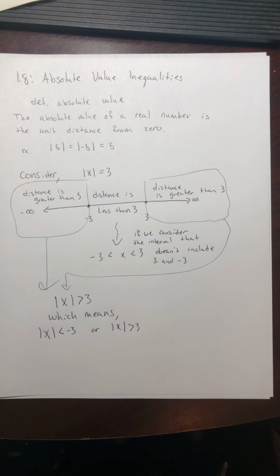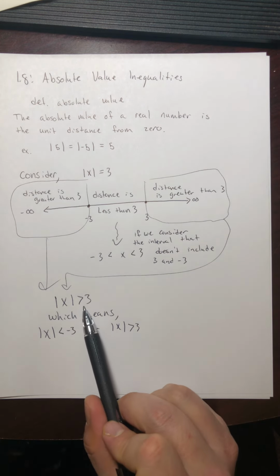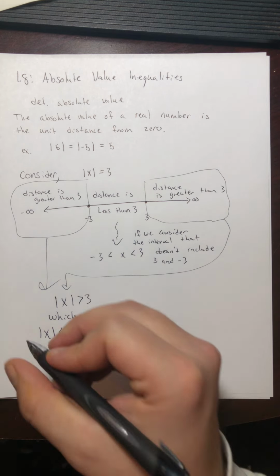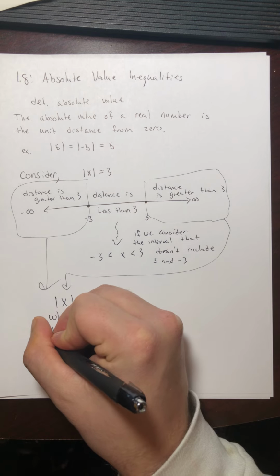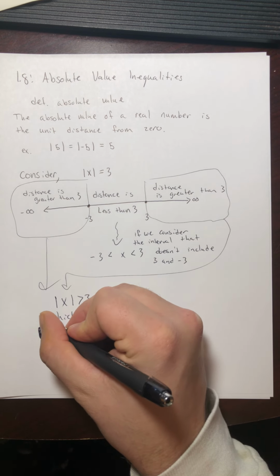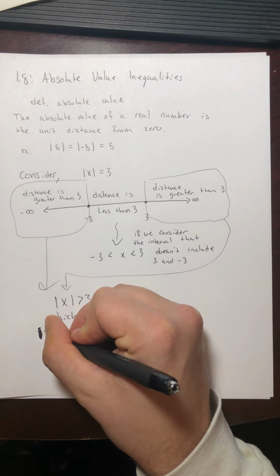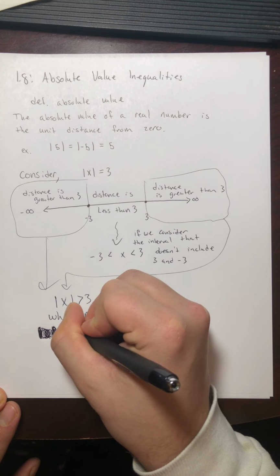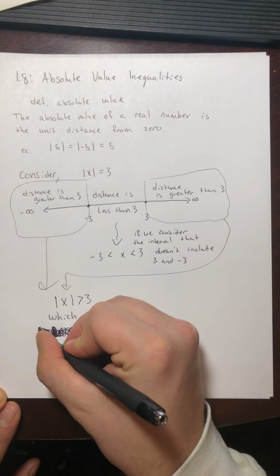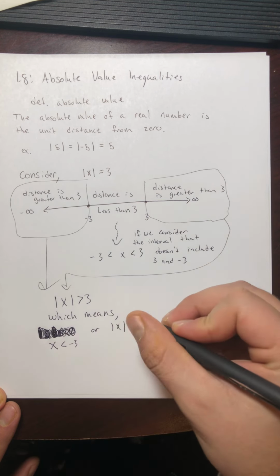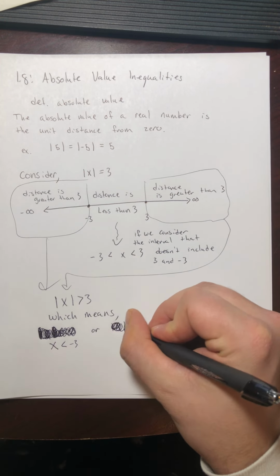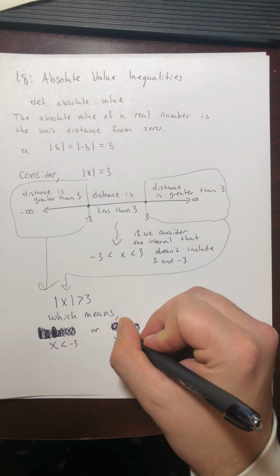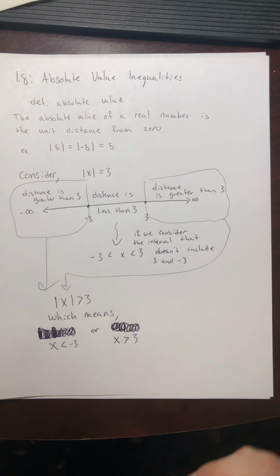And that means that if the absolute value of x is greater than 3, we could say, let me just scratch that out. That should say x is less than negative 3. Scratch out this mistake here. Or x is greater than 3.